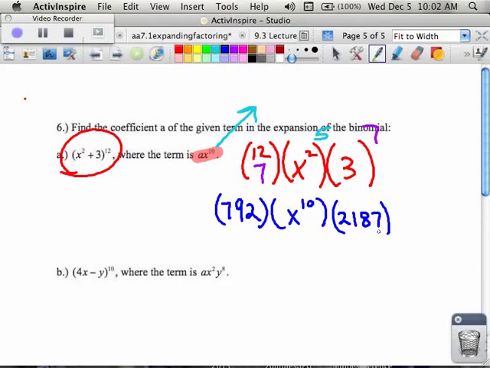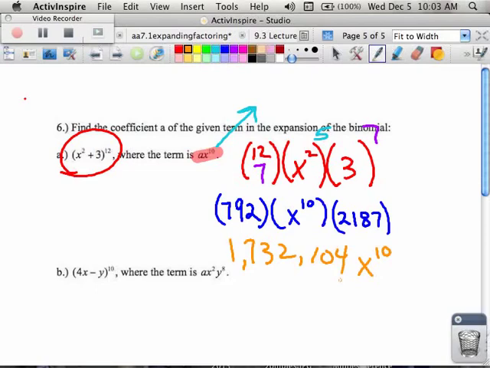Okay, so I wrote all those things down, and now when I multiply those two numbers together, 792 and 2187, it produces a really large number, I'm sure. 1,732,104 x to the 10th power.